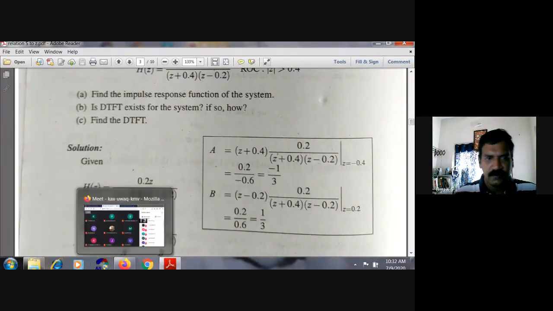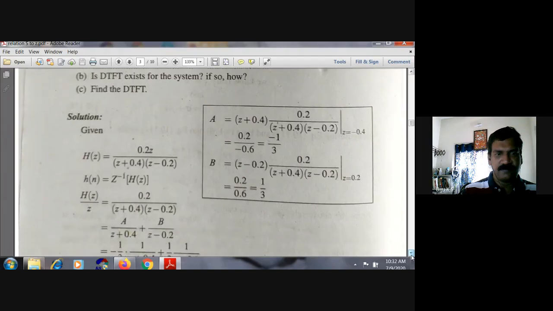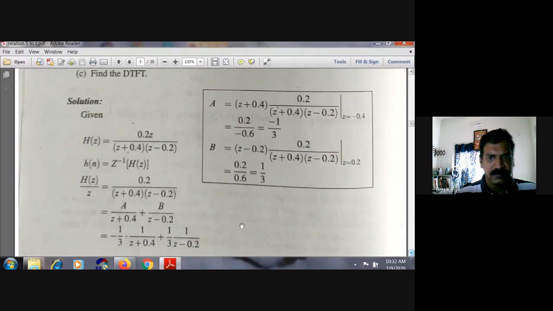This type of problem we found earlier. For convenience, we take H(z) by z, so the z is taken in the denominator, so that the right hand side is only 0.2 by (z plus 0.4) and (z minus 0.2).